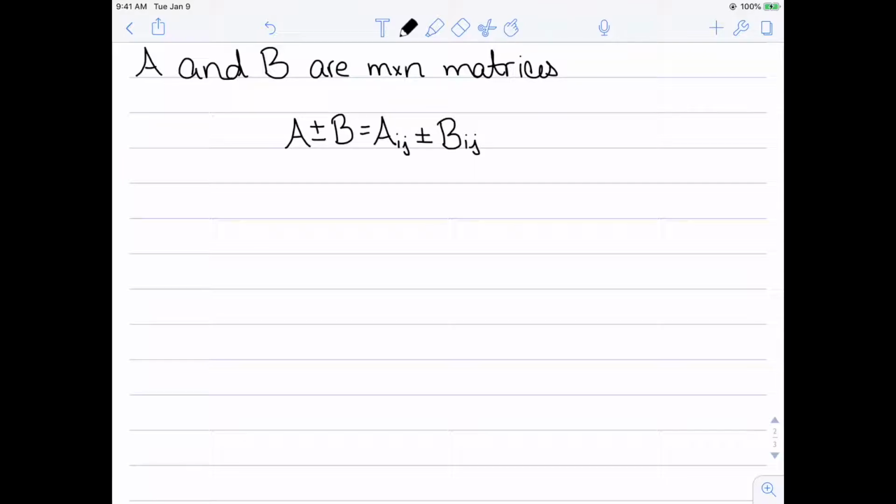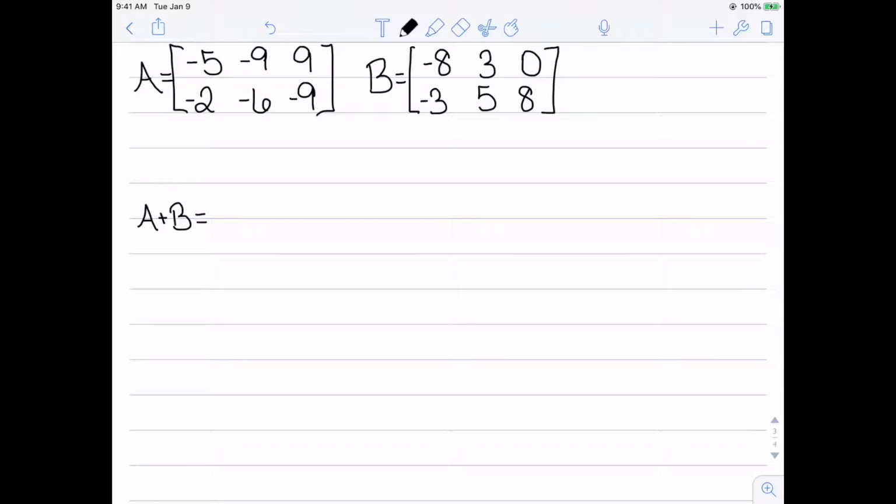So let's look at some examples of this. So here I have two matrices A and B. They both have 2 rows and 3 columns, so they're both 2 by 3 matrices. And I want to add them, A plus B. And in order to do this, like I said, we just add things that are in the same positions. So my first entry would be -5 plus -8.